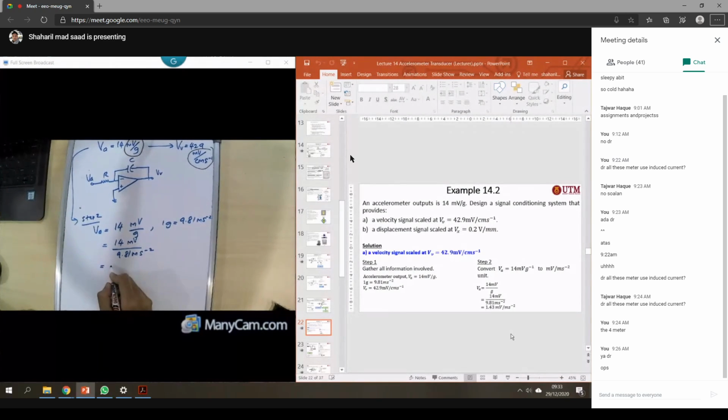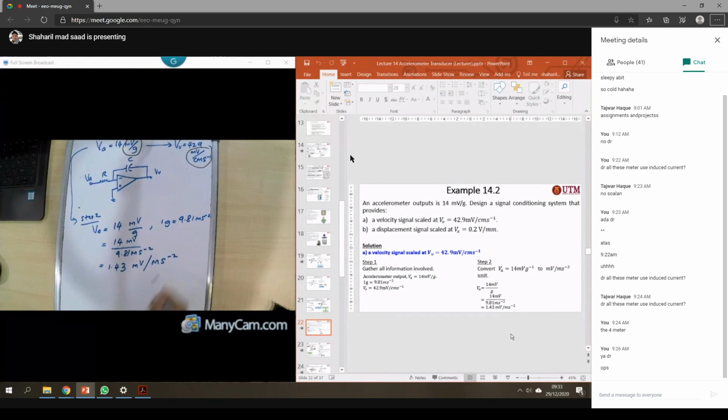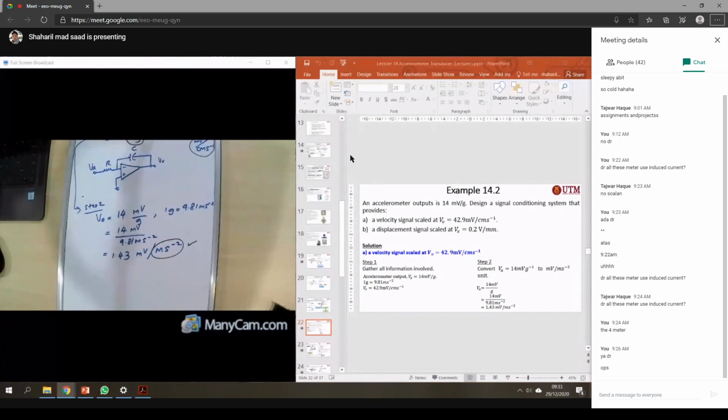Now you get 1.43 millivolt per meter per second squared. The most important thing is the unit: the unit for acceleration must be meter per second squared. Then we are done.